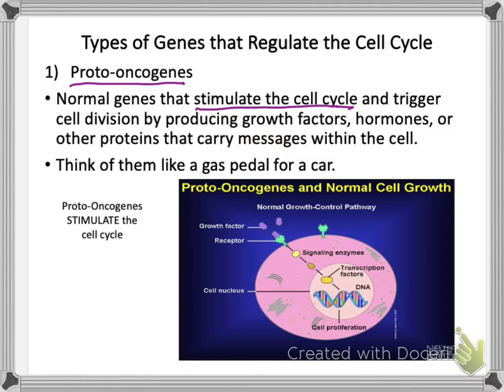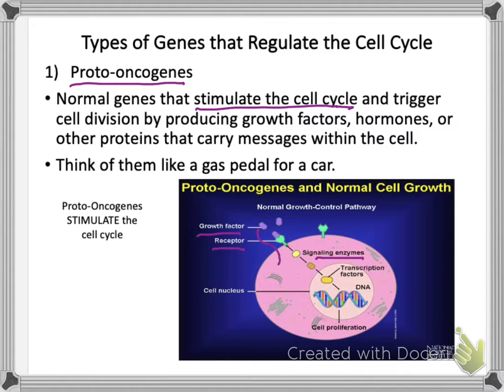So if we look at this picture, here's a growth factor, okay? Growth factors are made by proto-oncogenes. The receptors that receive the growth factor are also made by proto-oncogenes. These signaling molecules that basically tell the DNA what growth factor has been received, because there's this kind of chain reaction, those are all made by proto-oncogenes.